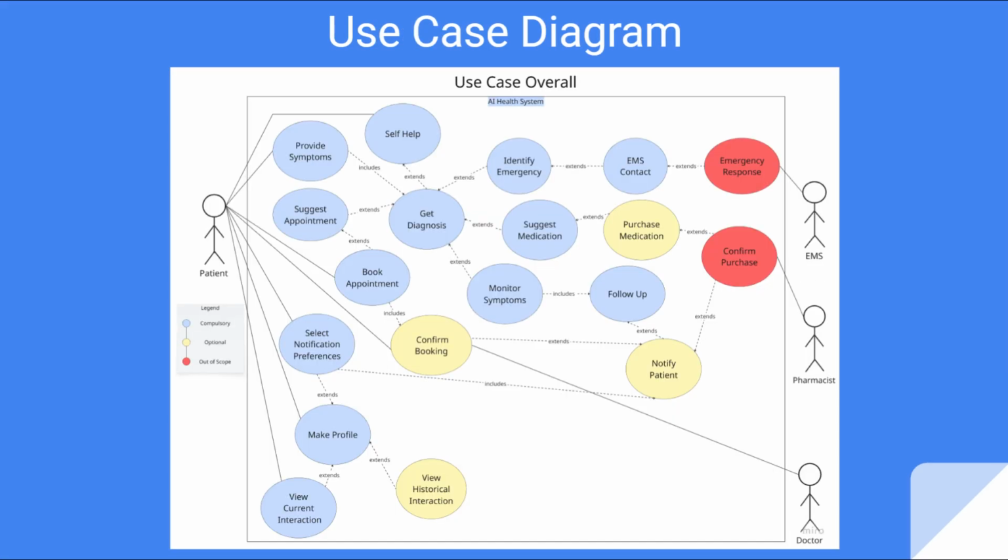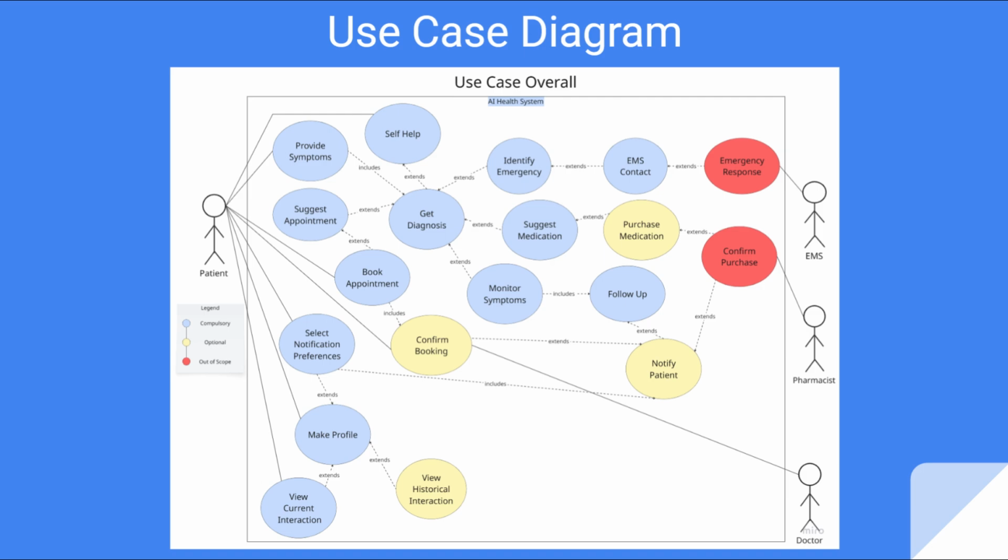In our focus currently in this project, we will be looking at the main key actors contributing to the system at hand, namely the patient, EMS, pharmacist, and doctor. All of these use cases have most of their interaction with the AI agent.